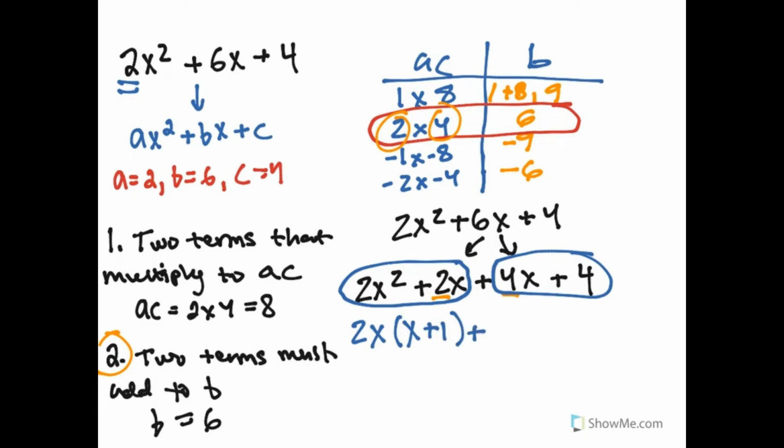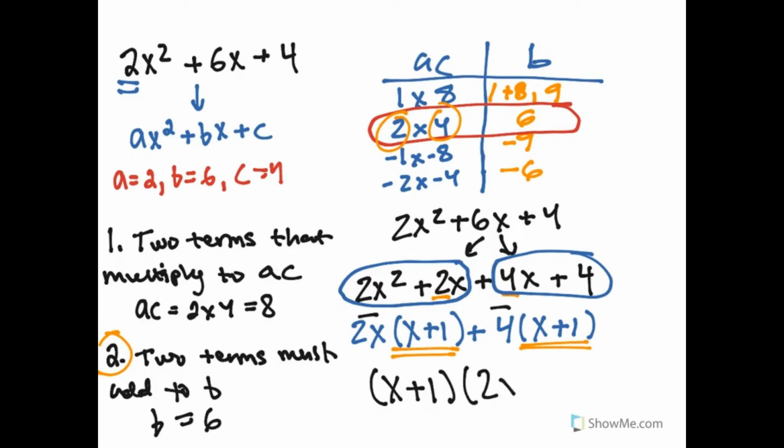And then for the second two terms, we can pull out a 4, and we're left with x plus 1. So as you can see here, we have an x plus 1 in both terms. And that is super convenient because that means we can pull out x plus 1 from each term, and we are just left behind the 2x and the 4. So this here is our final answer.